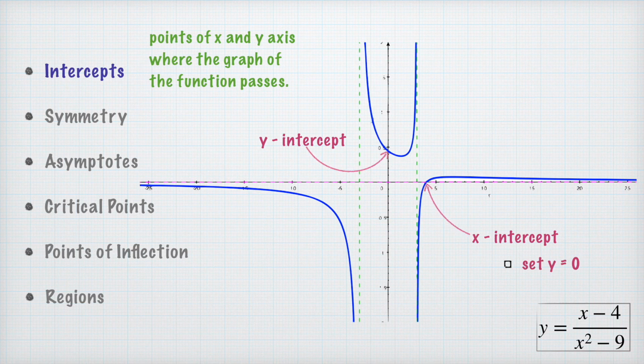Now, solving for the x-intercept of the given function, we're going to set y equals 0 and solve for the values of x. Similarly, if we are interested in determining the y-intercept, we're going to set x equal to 0 and solve for the values of y. And that's how you solve x and y intercept.